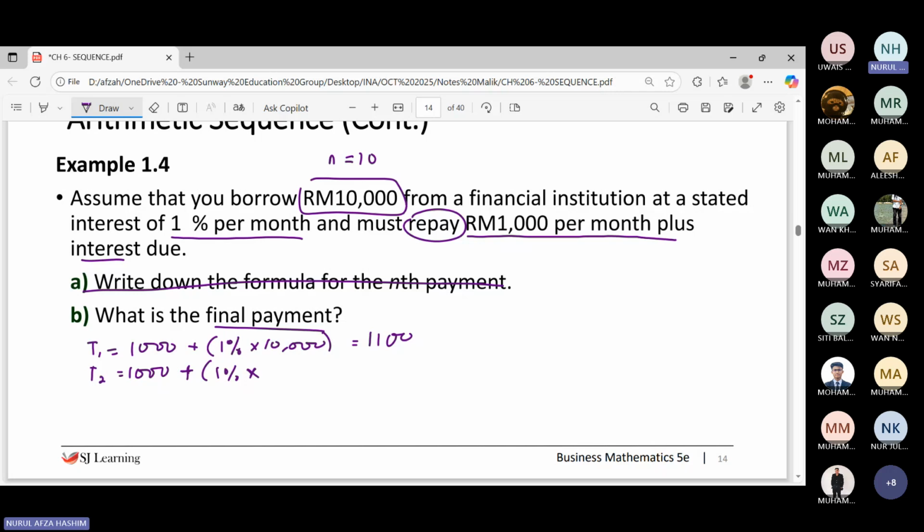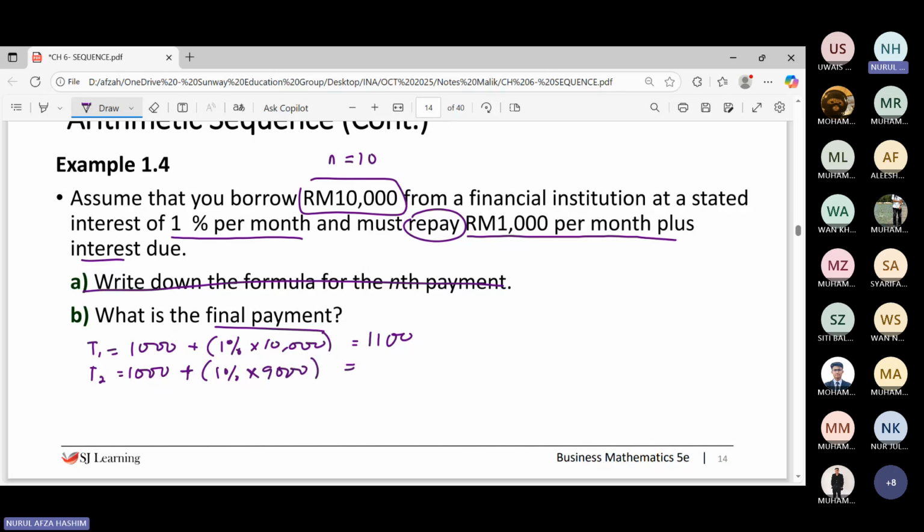You dah bayar 1,000. Pokok you hutang berapa lagi? Balance after you bayar 1,000, you pinjam 10,000, you bayar 1,000. Balance berapa? 9,000.